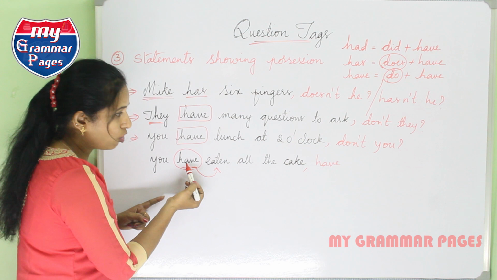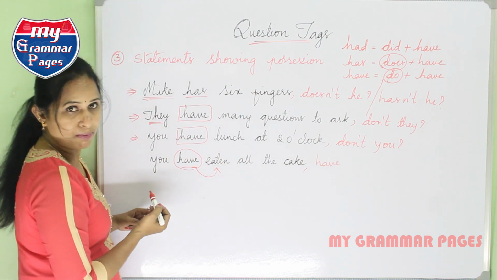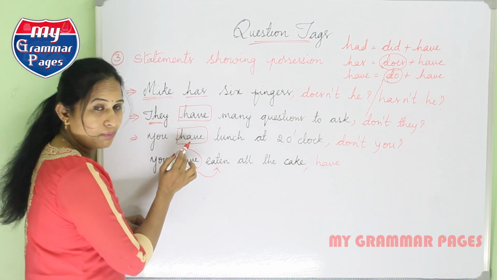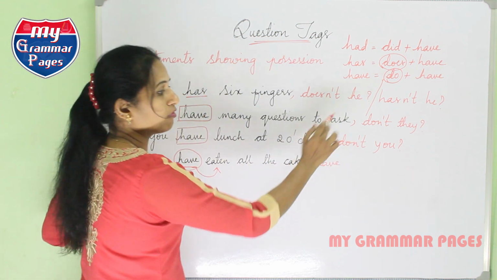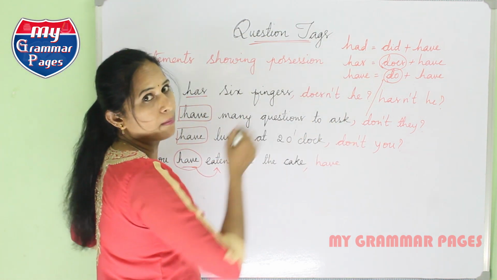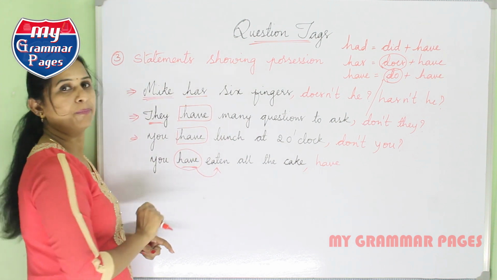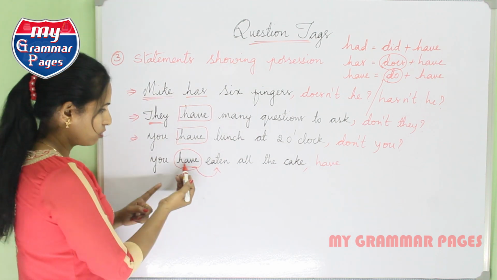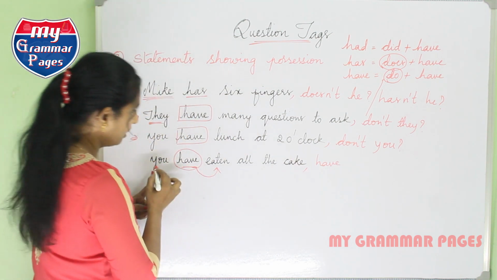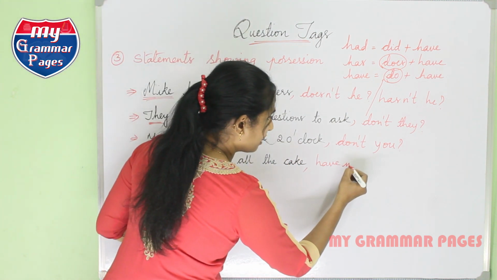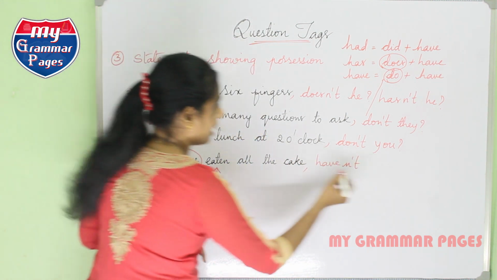When it is acting as an auxiliary verb, bring the same auxiliary verb. But here, as it is a main verb, we are splitting that main verb into one auxiliary and one main, and we are taking an auxiliary verb for forming a question tag. So I'm just pulling have here. This is a positive statement, make it negative, and haven't you.